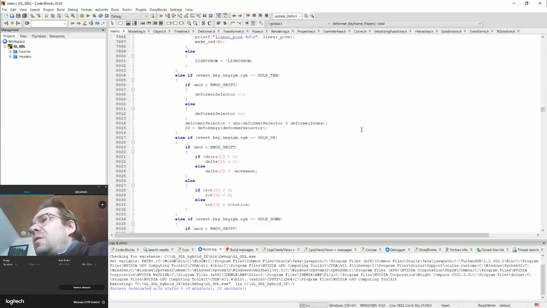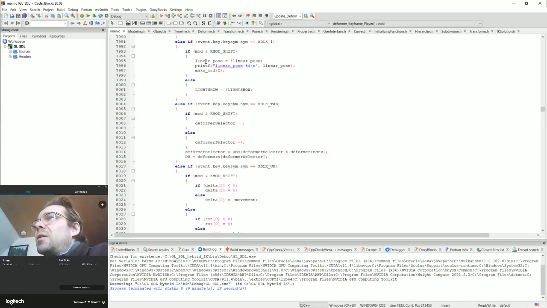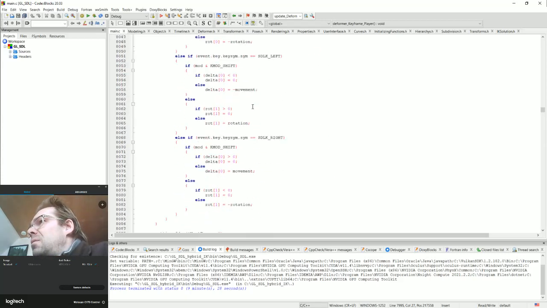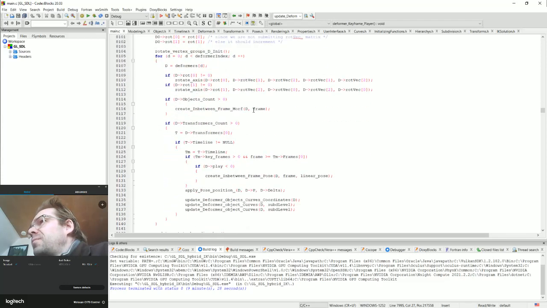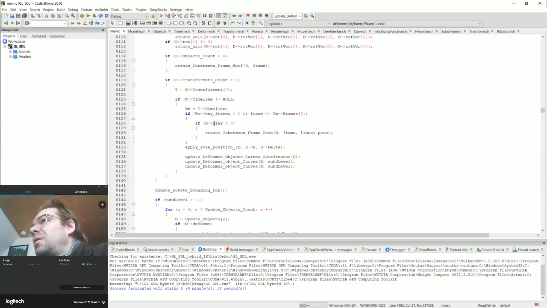We see here that one can switch linear pose while playing it, and it is executed with Alt-D. And you see here what happens inside the frame calculations.